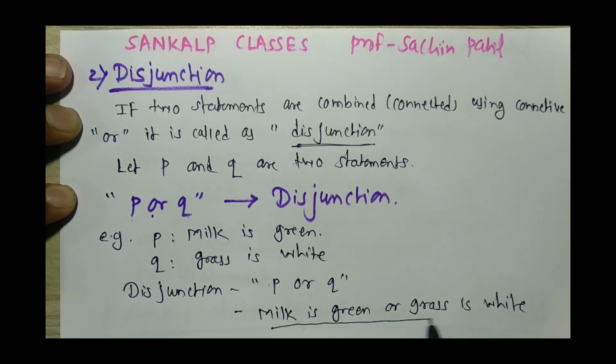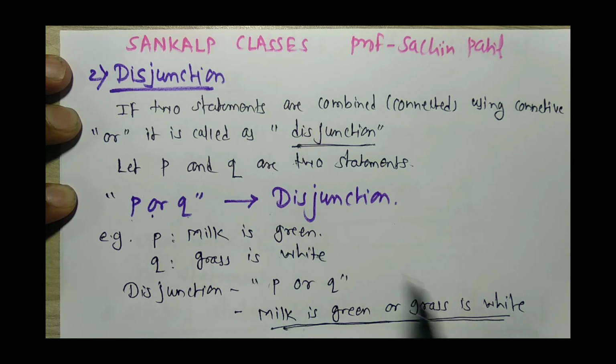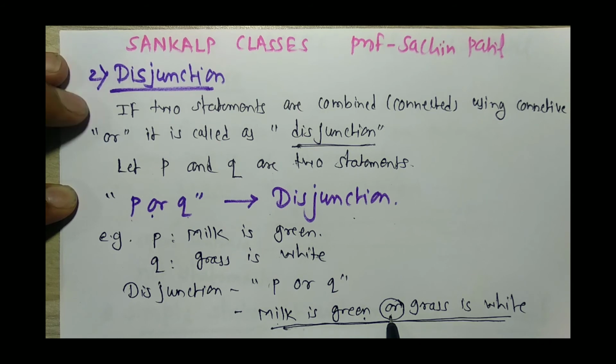And this compound statement is considered a disjunction. Here the logical connective used is or, and two statements are connected by using or, so it is called a disjunction of these statements.